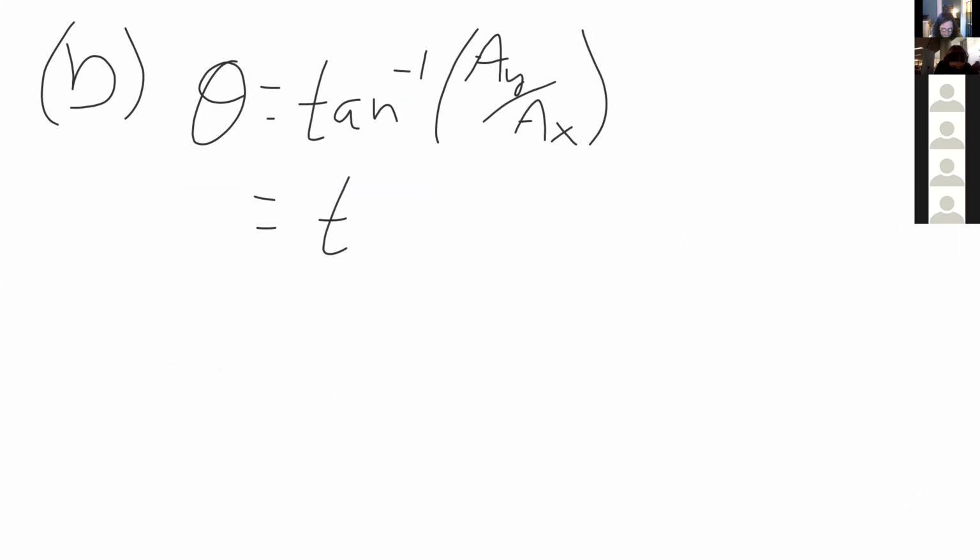As I mentioned, theta is the arctangent or the inverse tangent of a sub y over a sub x, which in this case is just going to be the y component of 54 over the x component of negative 29.6.